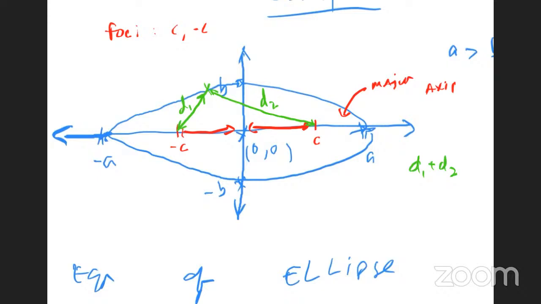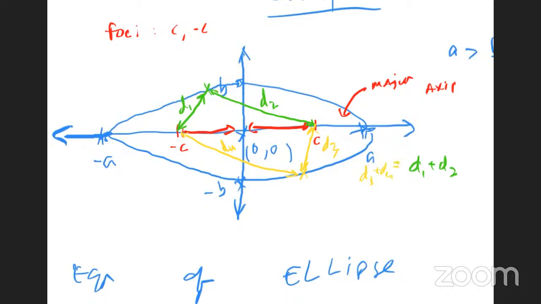So let me show you what I'm talking about. If I pick a next point here and I find the distance here, D3, and I find the distance here, D4, if you were to add up D1 and D2 and add up D3 and D4, it'll be constant.